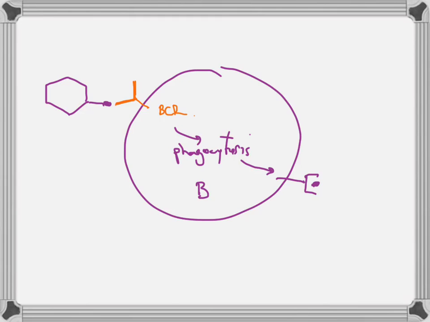So one event that has to happen is the CD4 has to interact with MHC2. What is the other event that has to happen at the exact same time? What else must the T helper cell recognize?